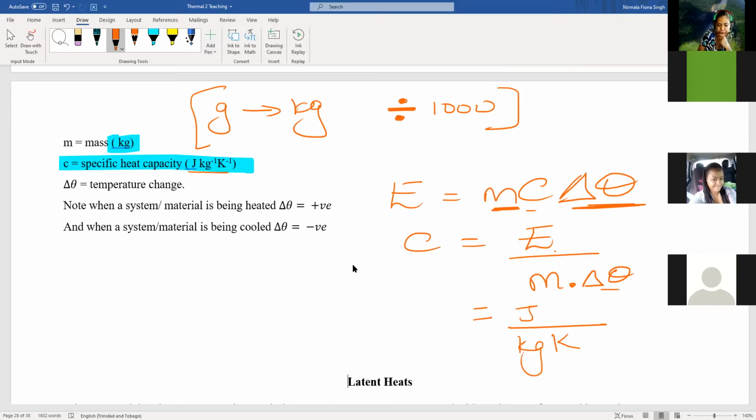So I have joules over kilograms times Kelvin, and the way we say it is joules per kilogram per Kelvin. We get marks for using our units accurately, so please use your units properly when you can.